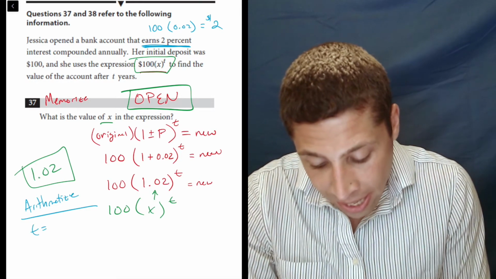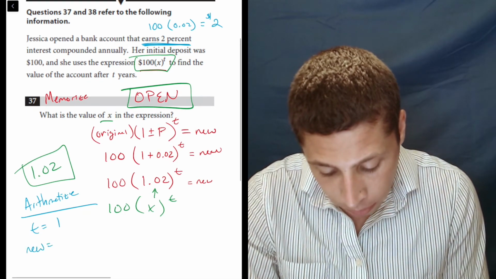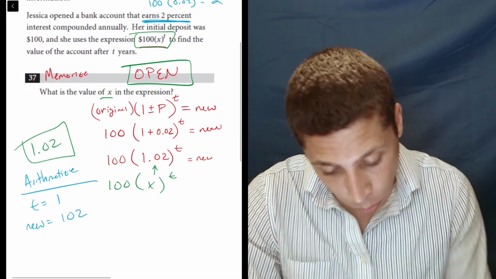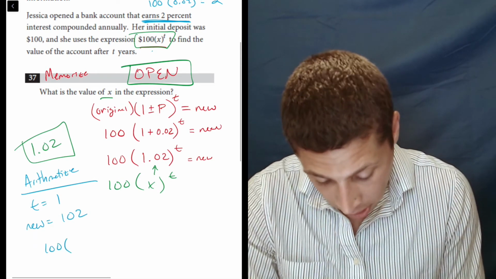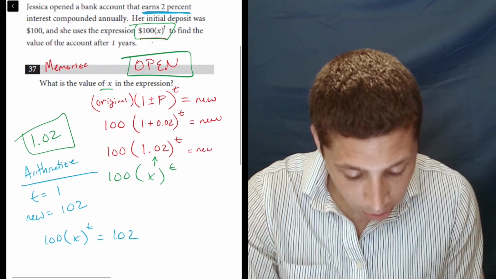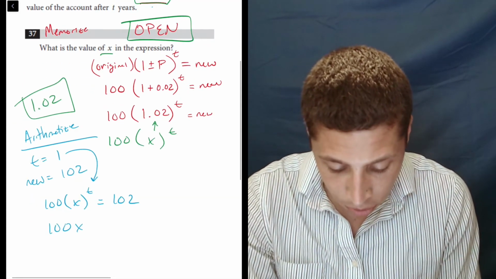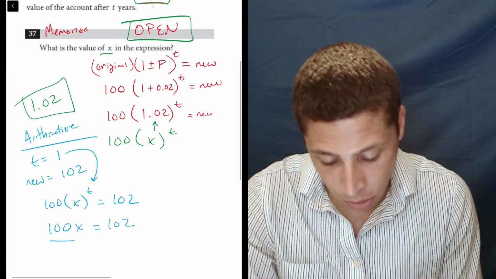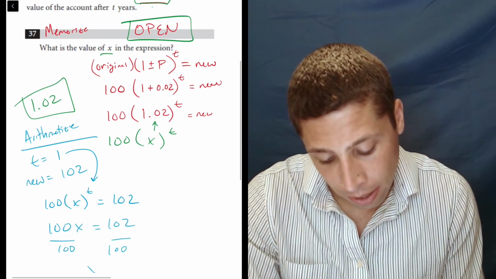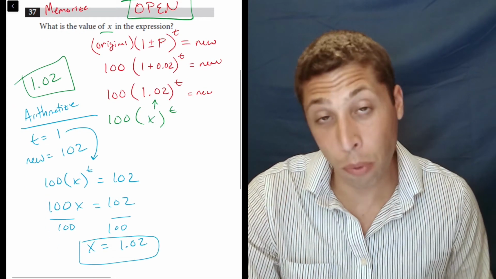So when t is equal to 1, we know that the new amount is $102. And so we can take that equation, 100 times x to the t, and that's going to be 102. And now we can just substitute in 1 for t, and we see 100x is equal to 102. We can divide to get the 1.02 that we saw before.